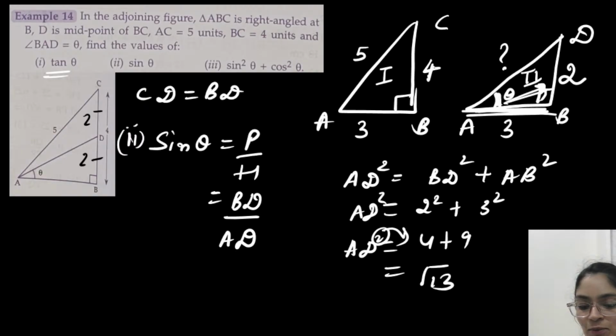So 2 by root 13 is the answer of sine theta.